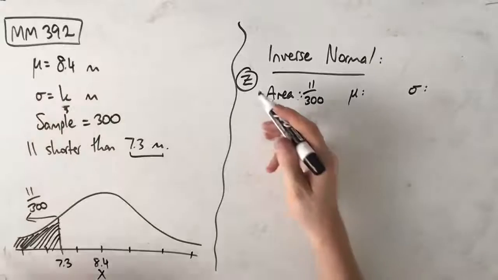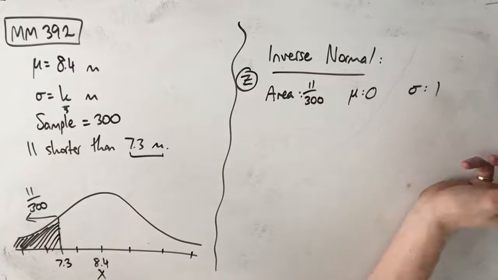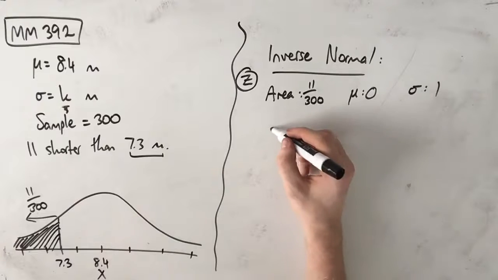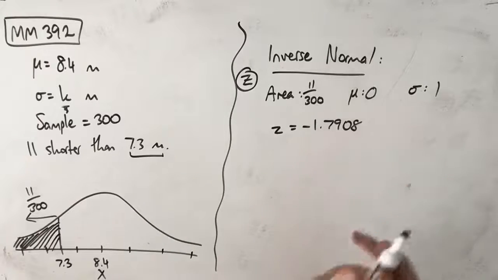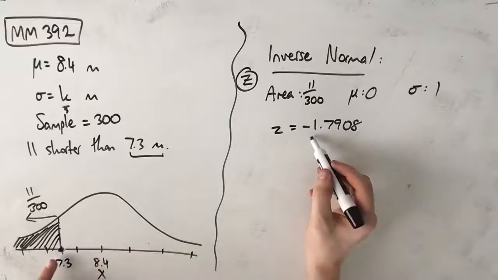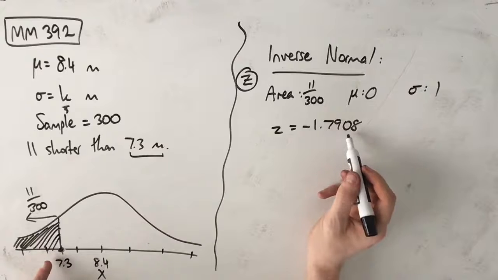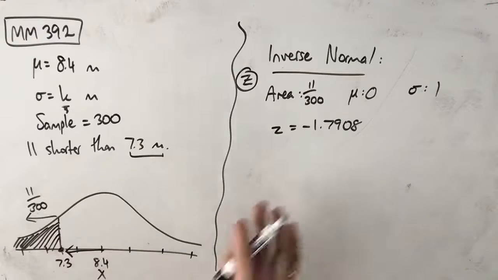So we need to use our standard normal distribution, which is mean of 0 and a standard deviation of 1. And what this gives us is a z value of negative 1.7908. So what that means is, at this 7.3, we are 1.7908 standard deviations less than the mean. Okay, so that's what this means.